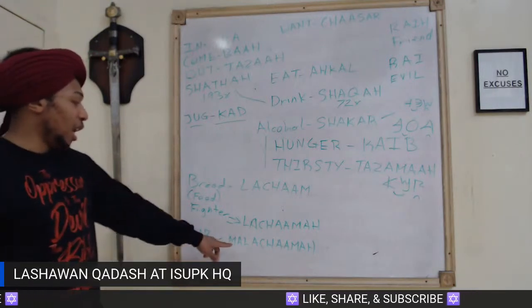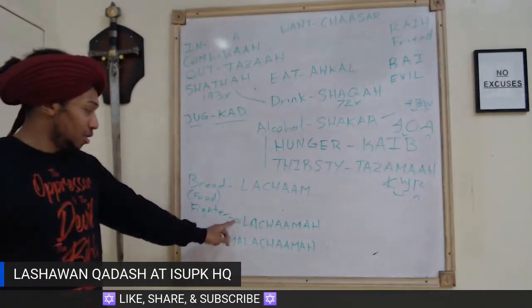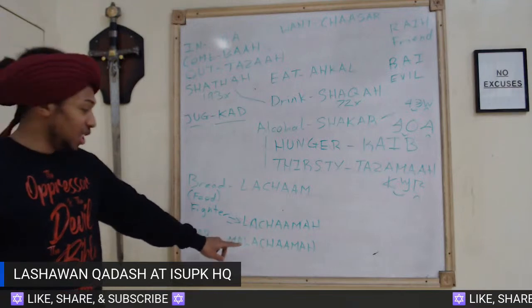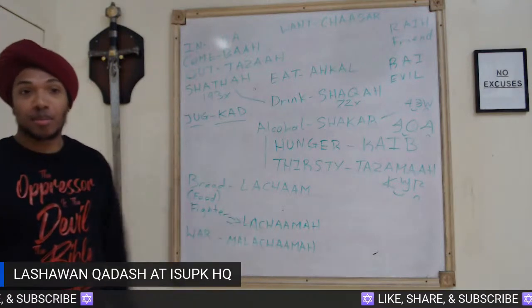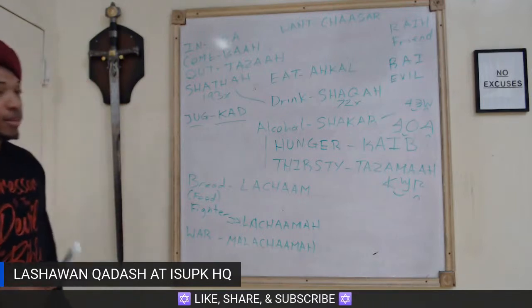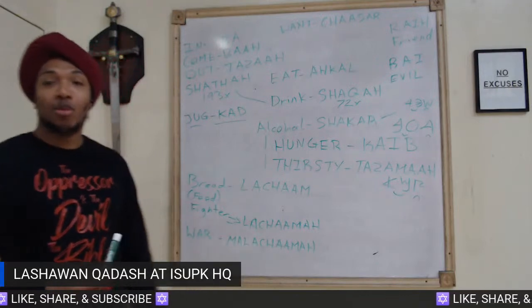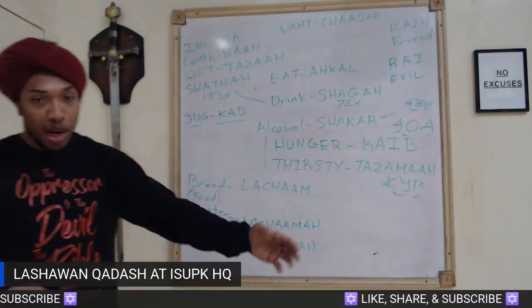Of. So when you got "of fighters," this thing comes from fighters. You get your fighters, this thing is from fighters: war. That makes sense. Malakama. Right now, Russia and Ukraine. Malakama.